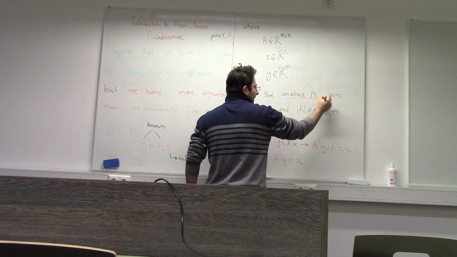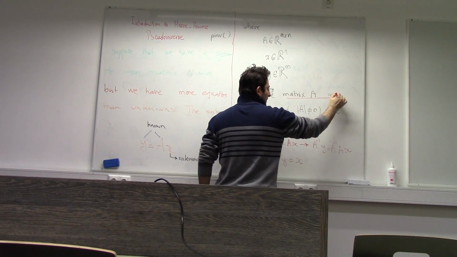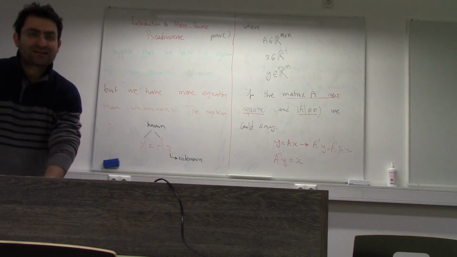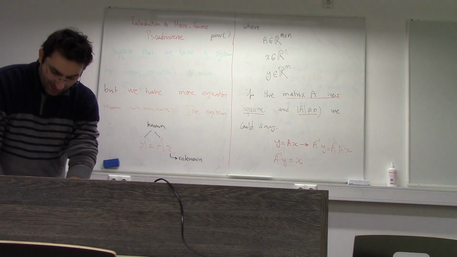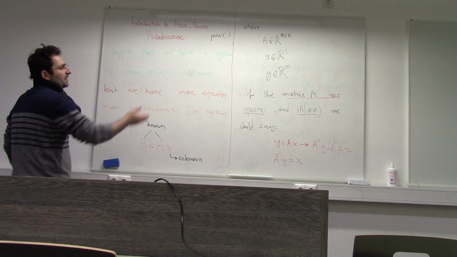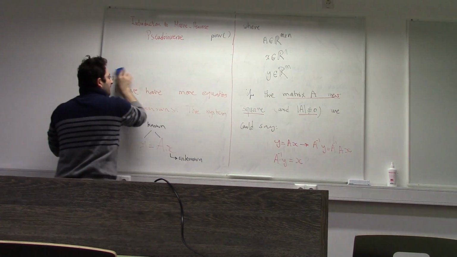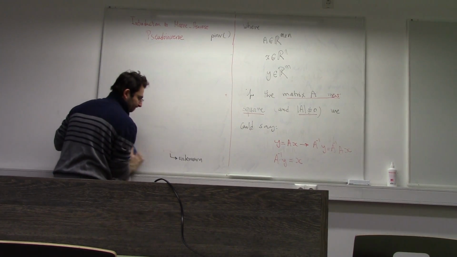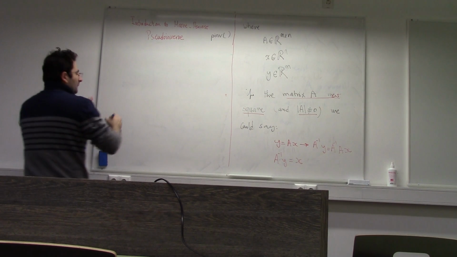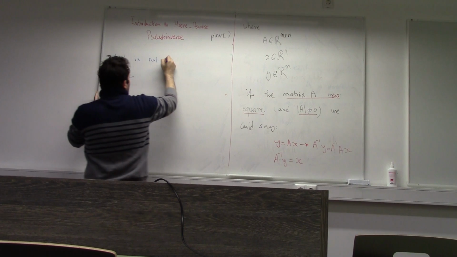If A was a matrix and it was not singular, right? Whereas it's not the case, because here we have a general A, which is, as you can see, not square.